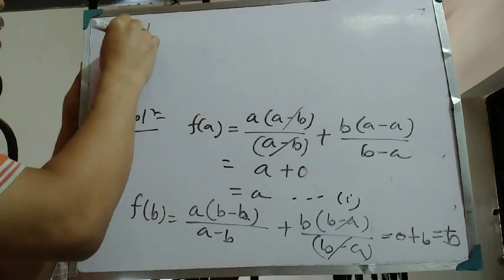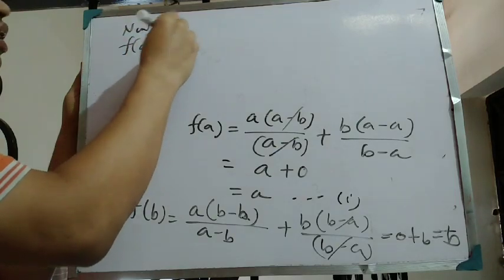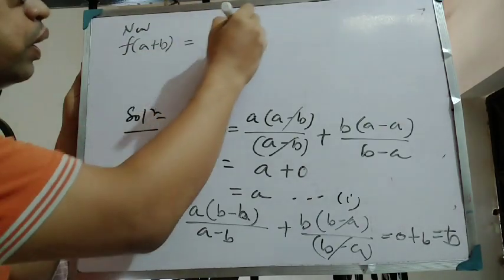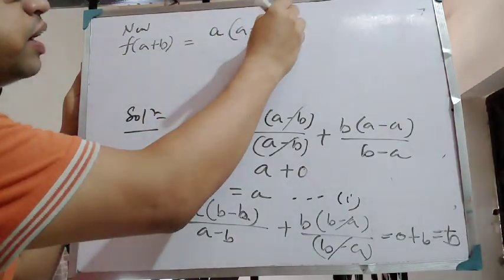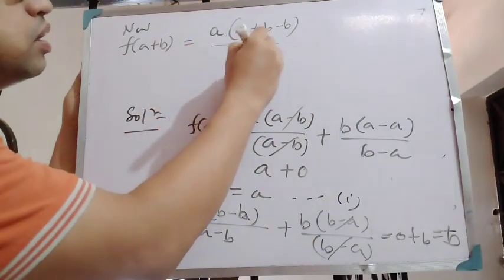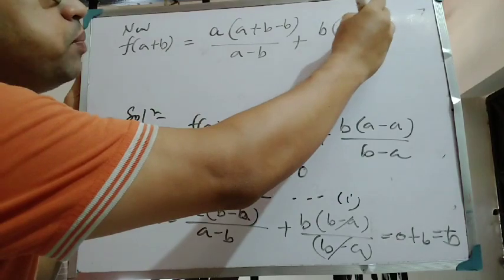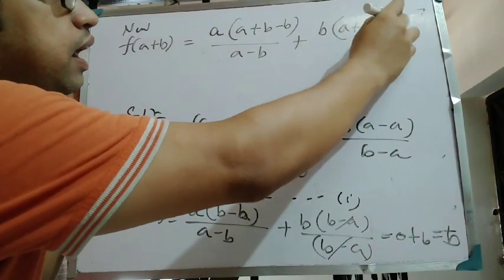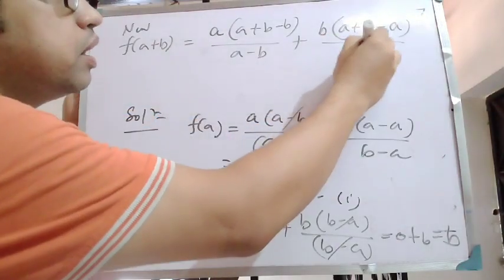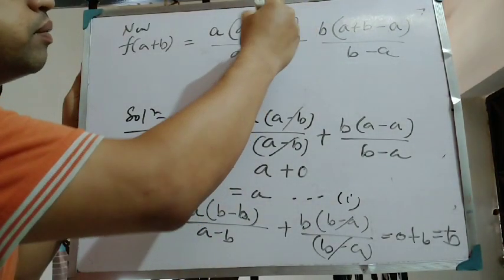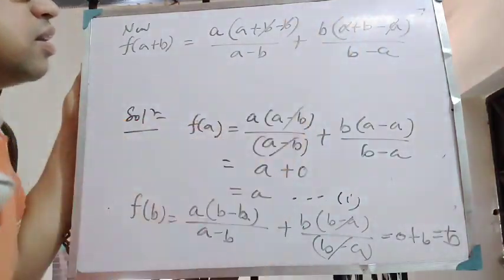Now f(a plus b) equals a into (a plus b minus b) by (a minus b) plus b into (a plus b minus a) by (b minus a). From here b cancels, a cancels.